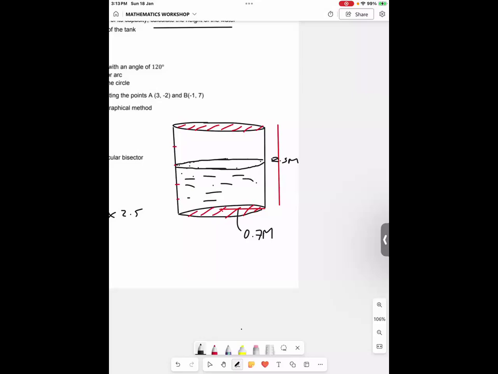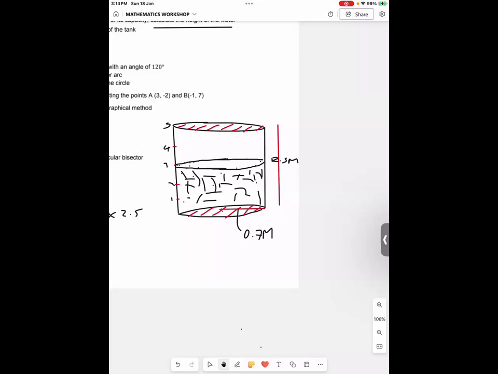So basically, there's a whole heap of water in the tank now, and it's filled 3/5 up. So this is 1/5, this is 2/5, this is 3/5, this is 4/5, and 5 out of 5 means that the tank is full to the brim. So basically, the tank is filled to 3/5 of its capacity.